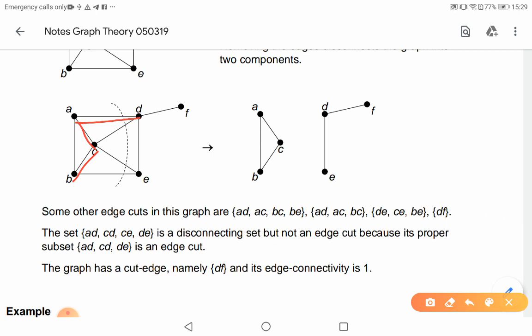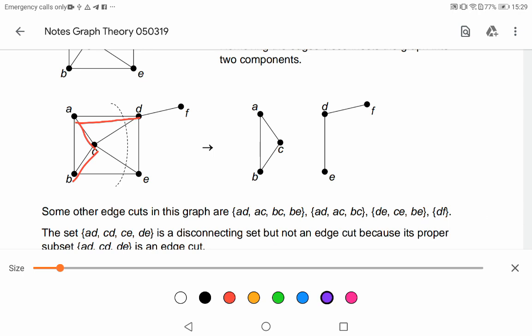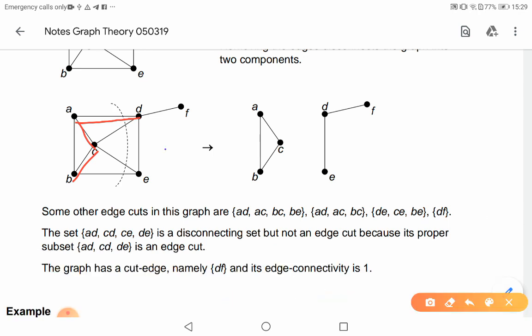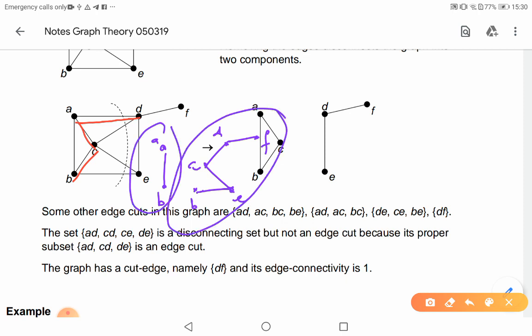If you cut these edges, you will get a graph like this, with A, B, E, C, D, and F. So you will get this also in two components.